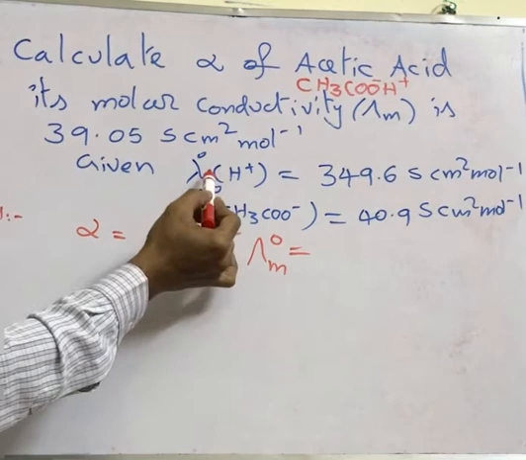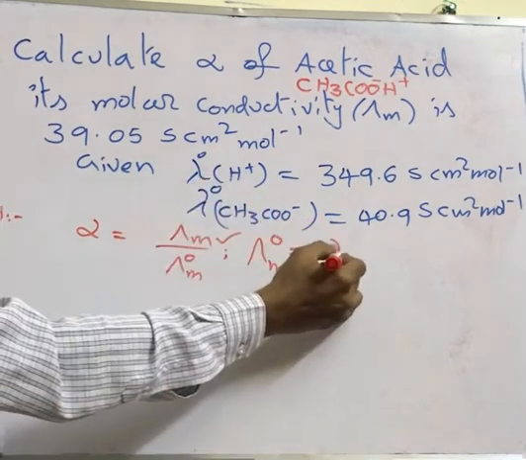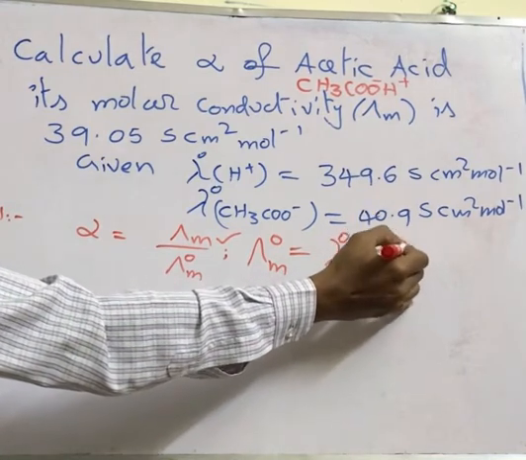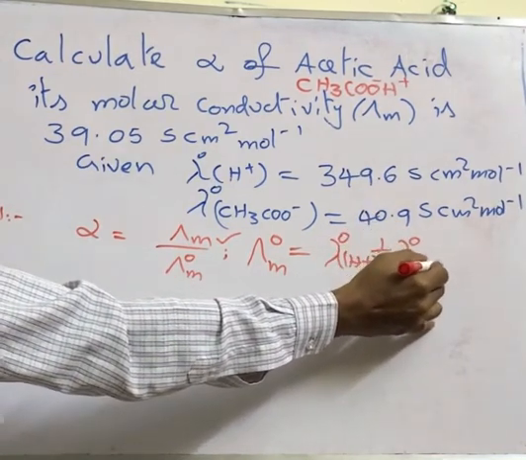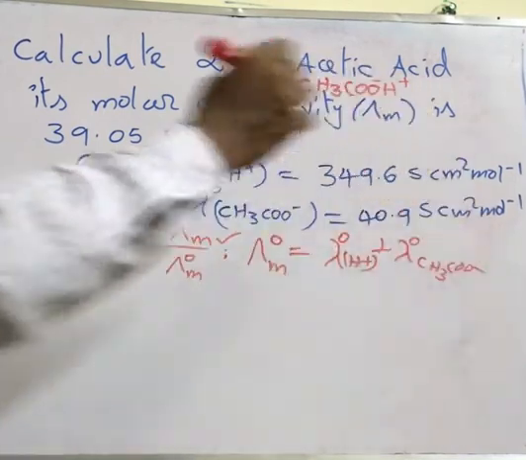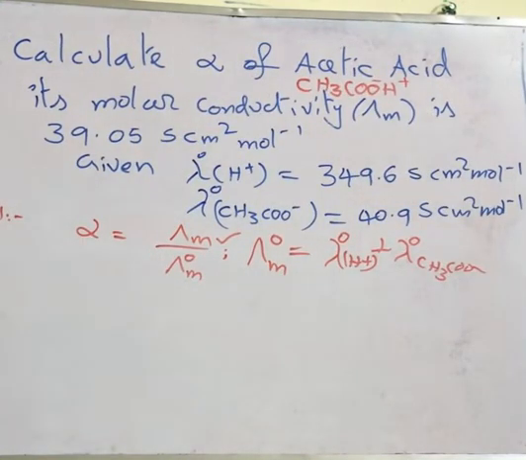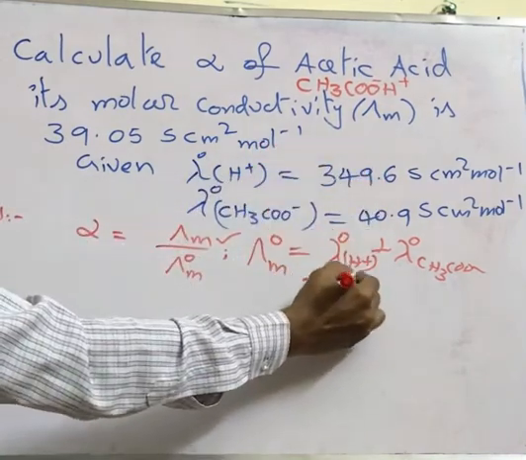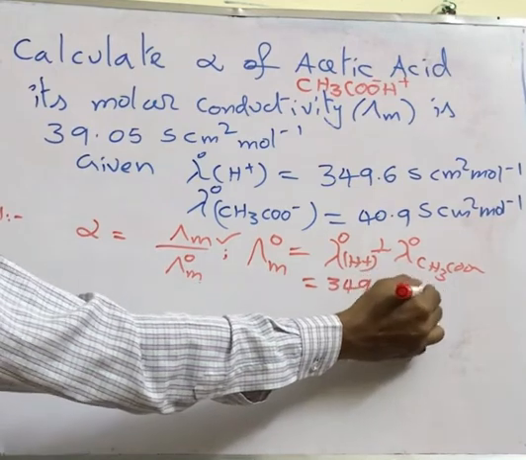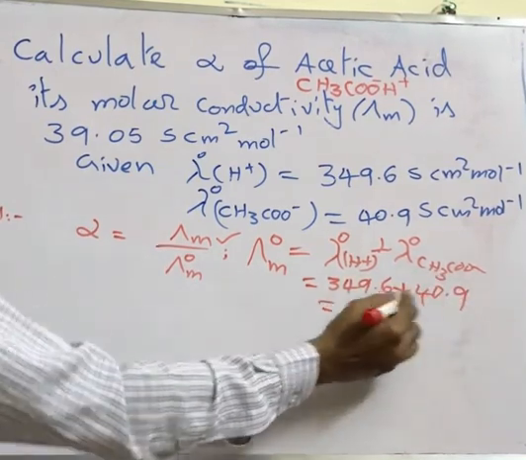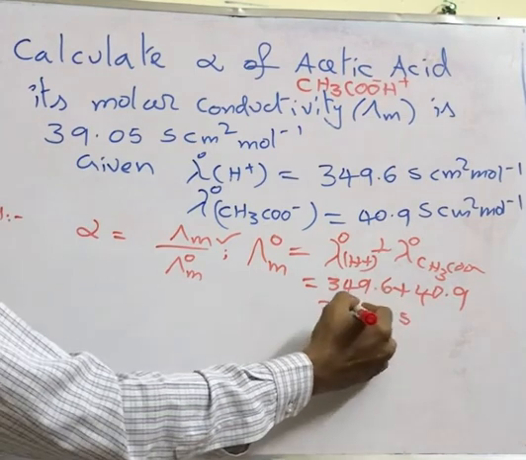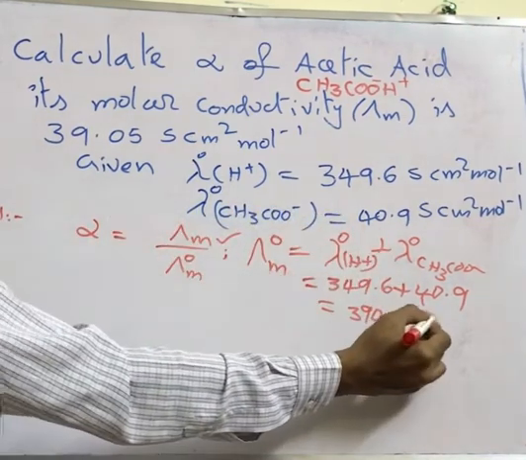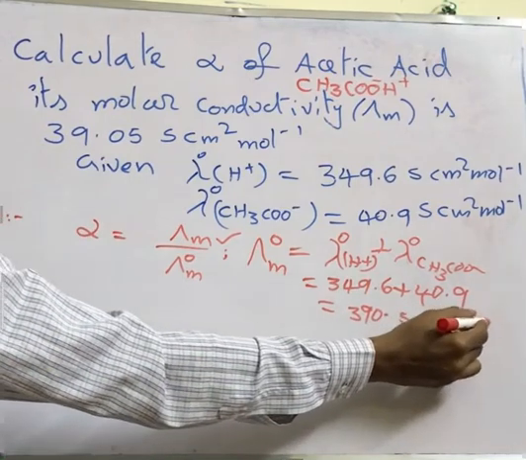So that's why you require the two ions: lambda O of H plus ion plus lambda O of acetate ion. You need to add up these two values, that is 349.6 plus 40.9, which equals 390.5 Siemens centimeter square mole inverse.